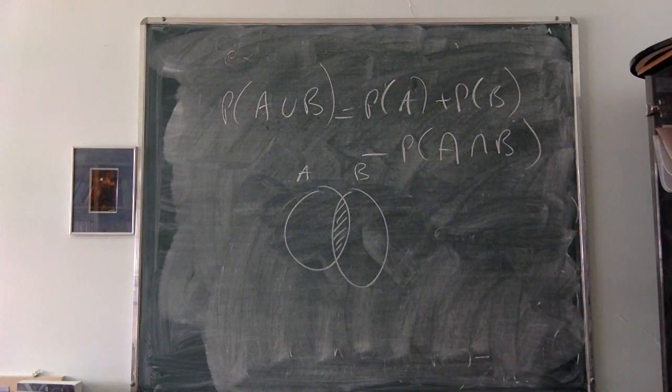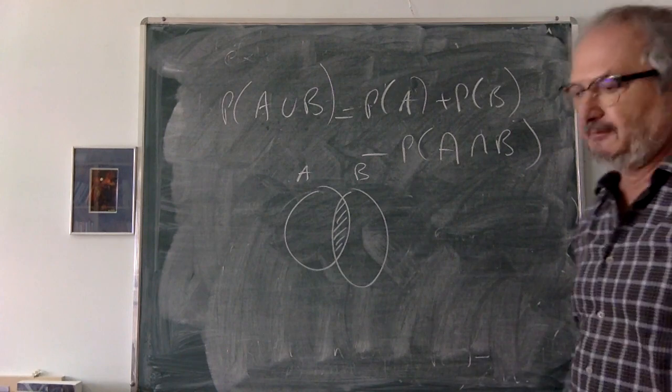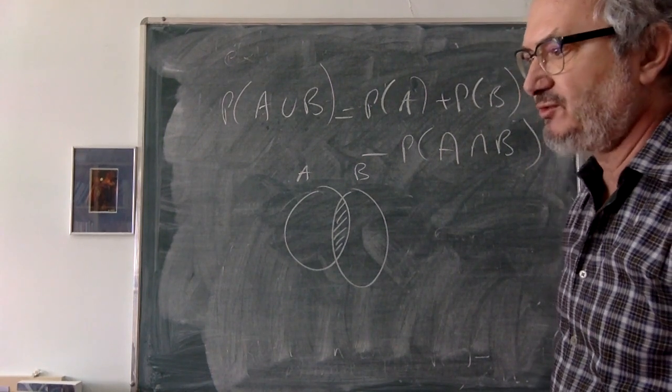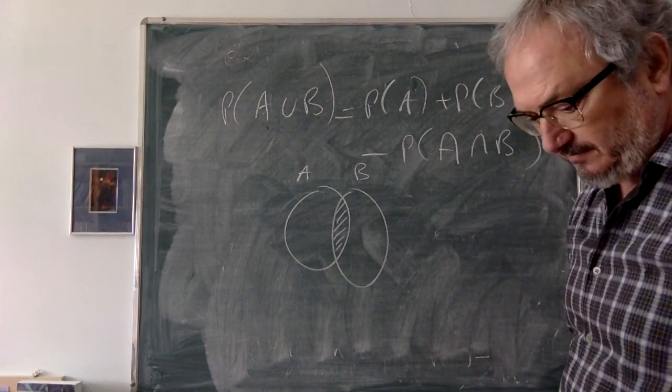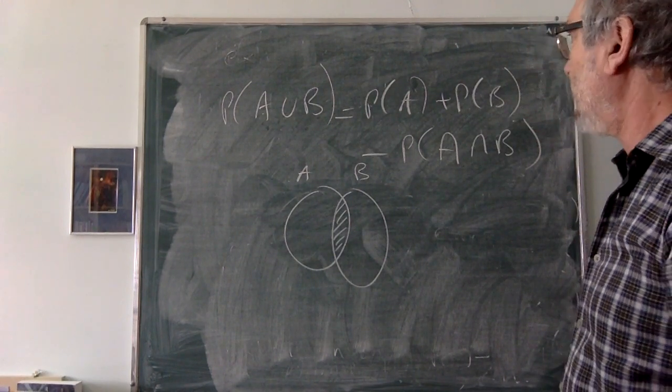Okay. So this is the idea of two events measured in terms of their probabilities, and that's going to take us to intersection.